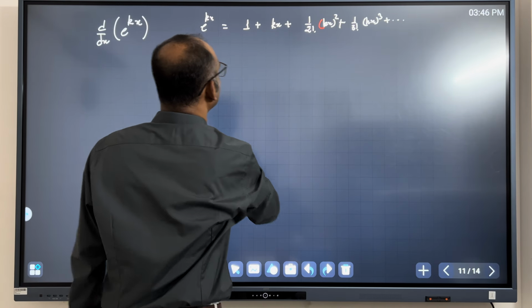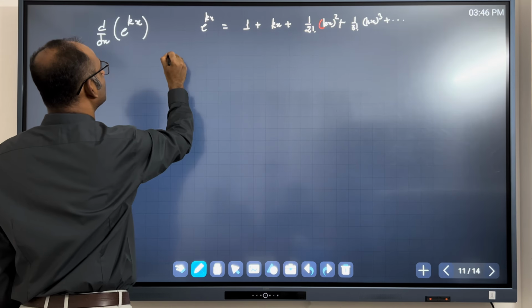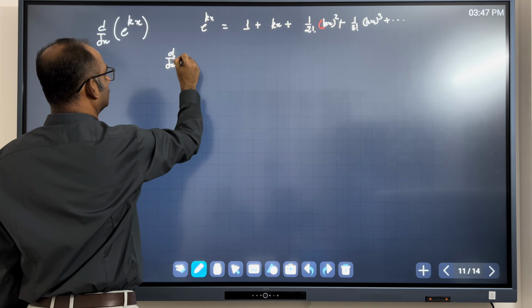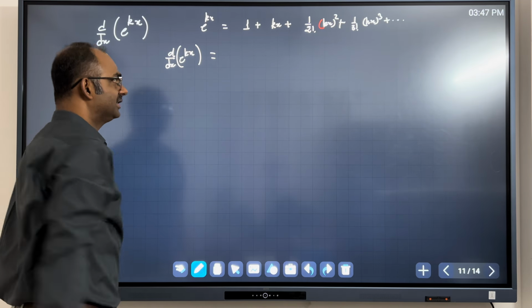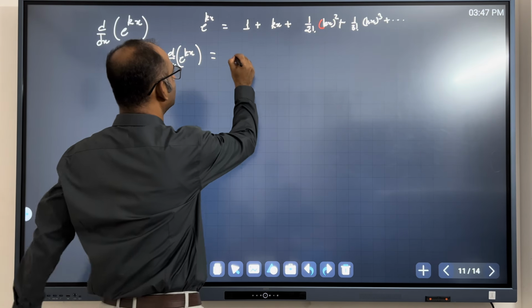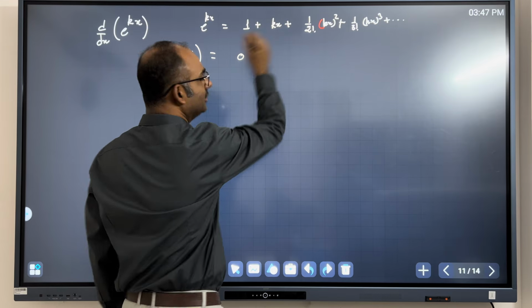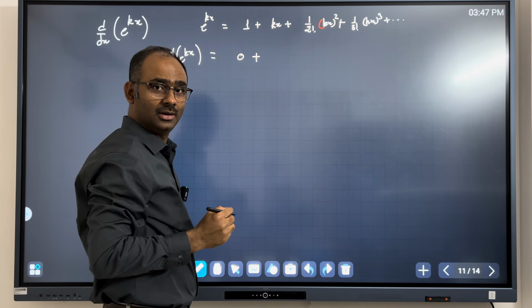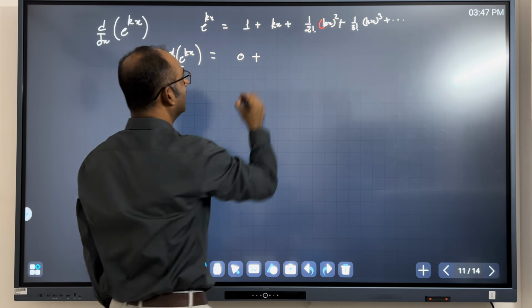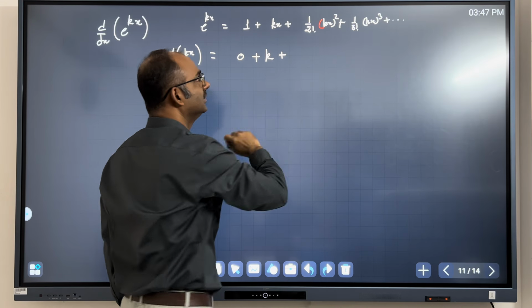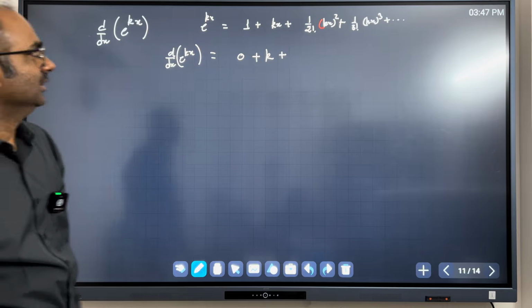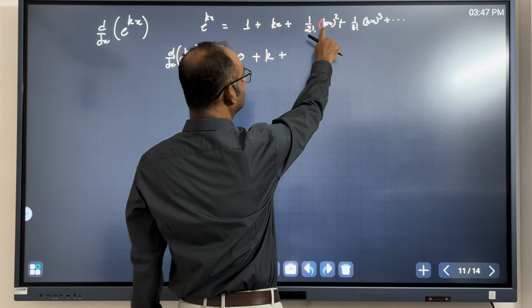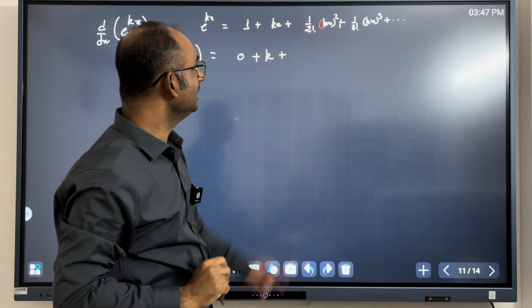Okay. So let's differentiate this. I'll differentiate term by term. So the first term gives you 0, the second term gives you k. What does the third give? 1 over 2 factorial times k square, that's a constant. Then you have x square.